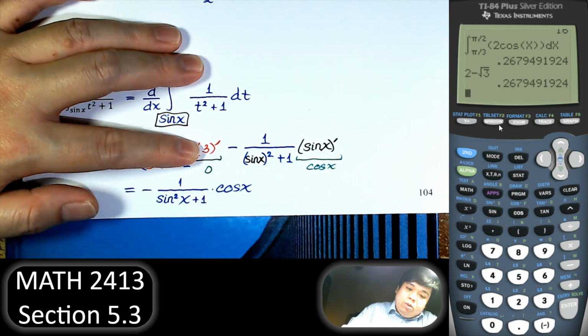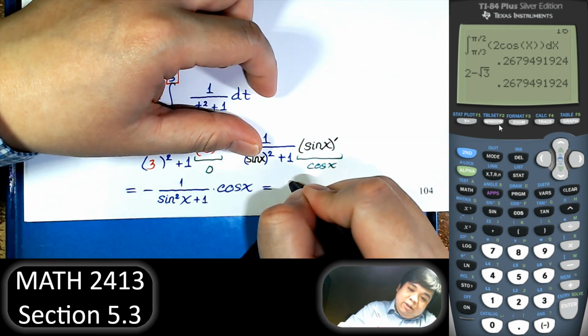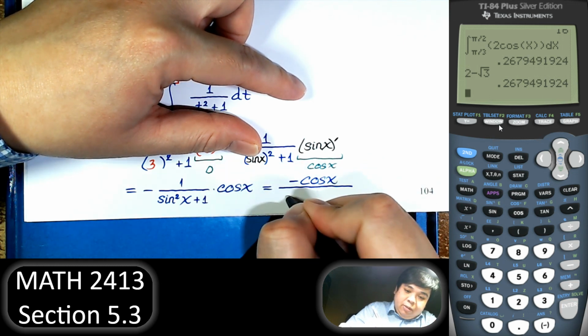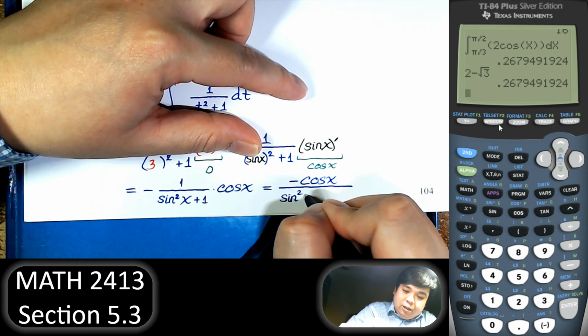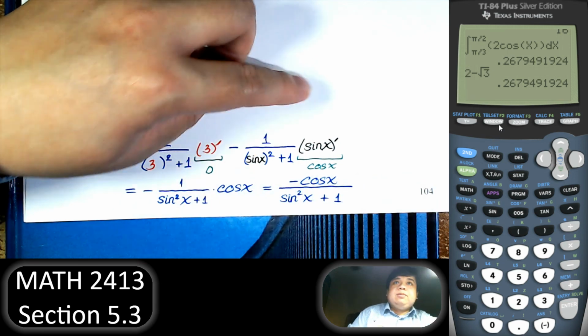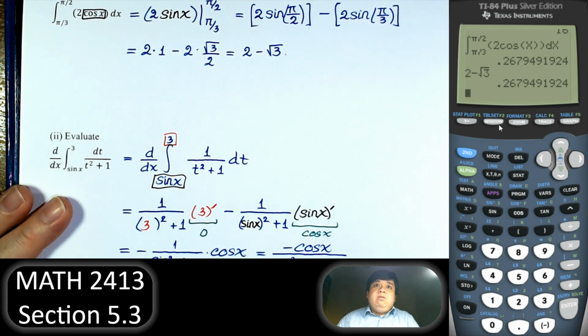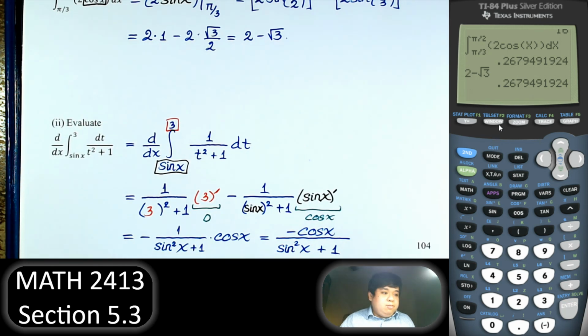We can just multiply cosine of x on the top, and that gives us negative cosine of x over sine squared plus 1. Right. So these together, those are the fundamental theorems of calculus.